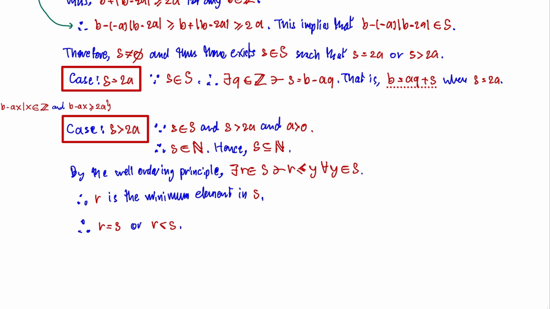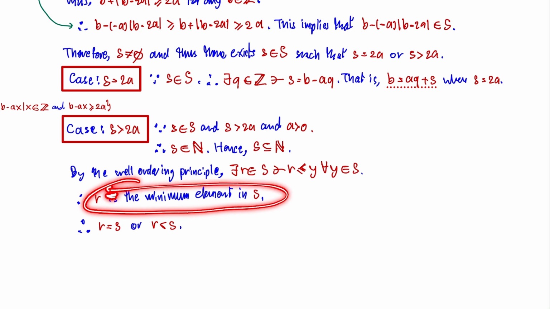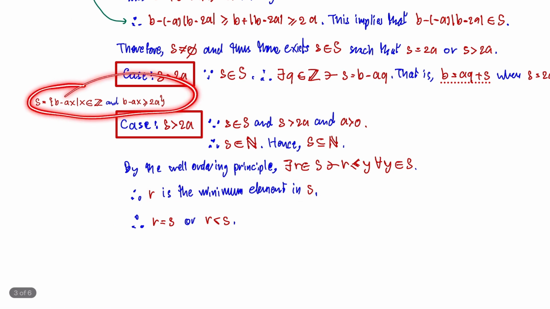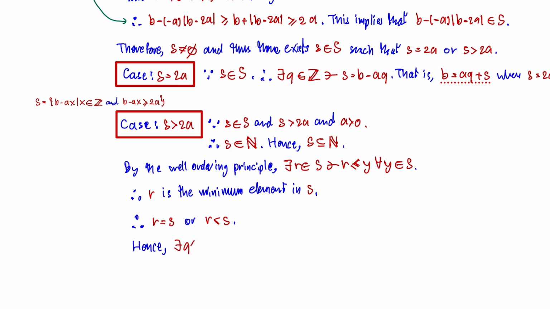Okay, what can we do next? Because R is in set S, it satisfies this condition. Hence we can have Q prime, which is an integer, such that R equals B minus AQ prime, right?